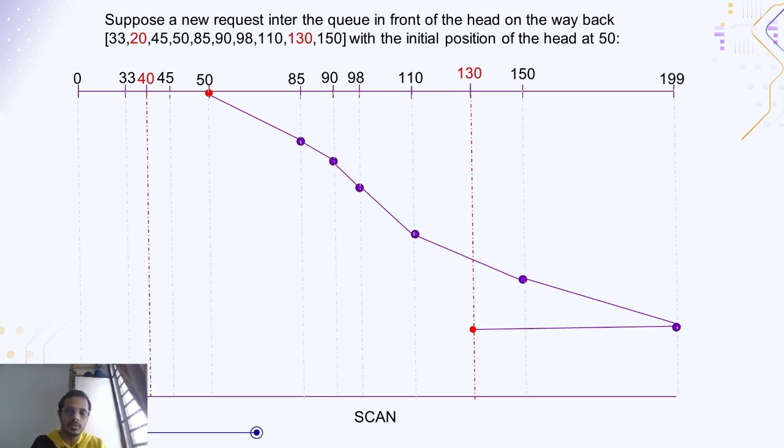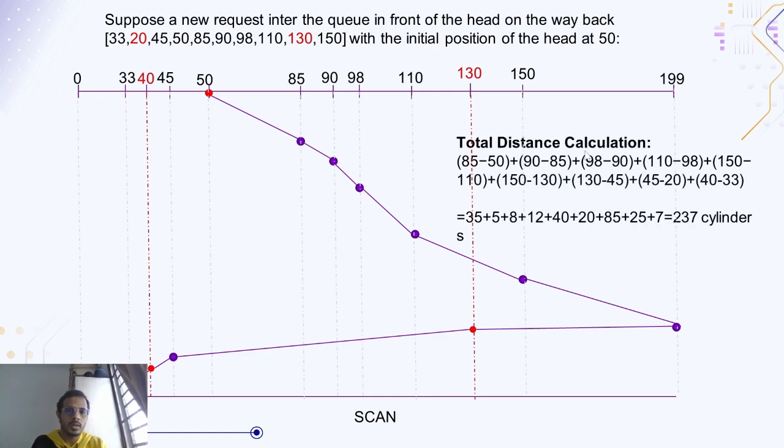So it will serve 130 on the way back, and it will serve 40, and then it will serve 33, the last one. The movement calculation will be like this. So the total is 237 cylinders. That's it about my part, and now my friends will explain the C-SCAN algorithm.